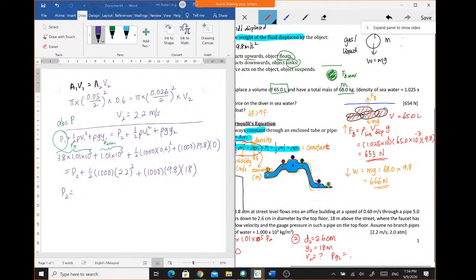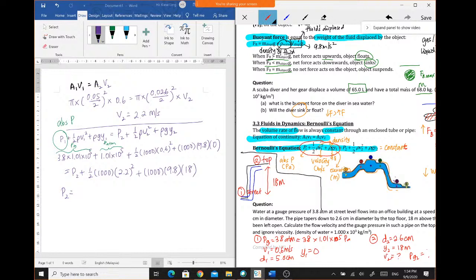So what is the answer for your P2? Around 306160 Pascal. So that is absolute pressure.